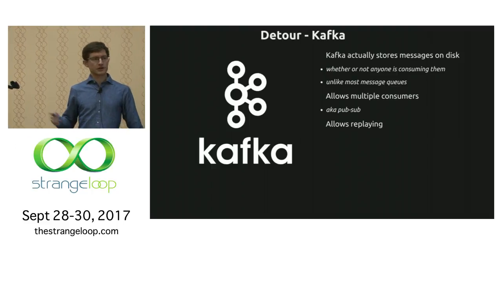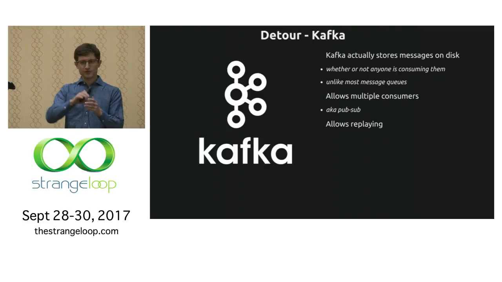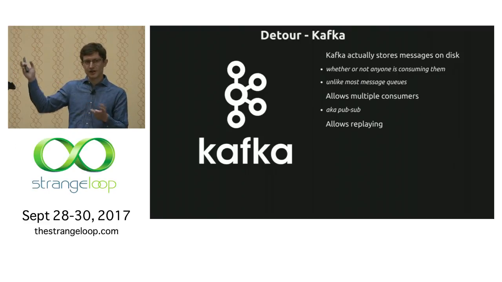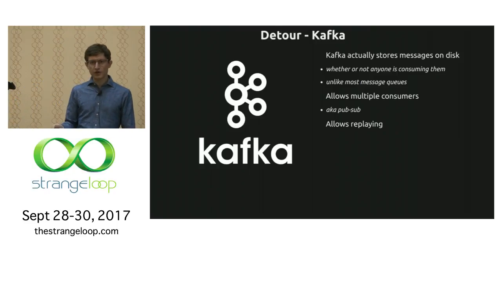A lot of message queues will just, when a message comes in, route the message straight to any consumers, and if there's no one listening, they'll just drop the message on the floor. But Kafka writes everything. And you can use that for a couple of things. You can get a sort of publish-subscribe semantics, because the data is just sitting there. Anyone can read it if they like. You can have multiple readers. And it also means you can go back in time and replay messages from some point.